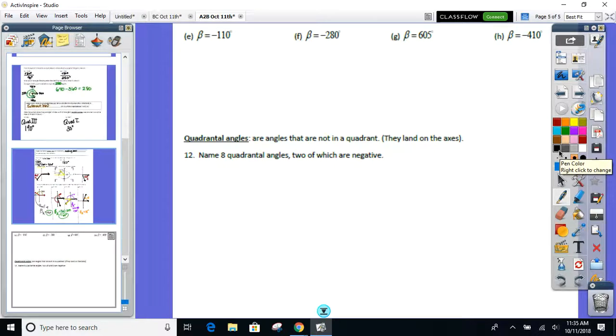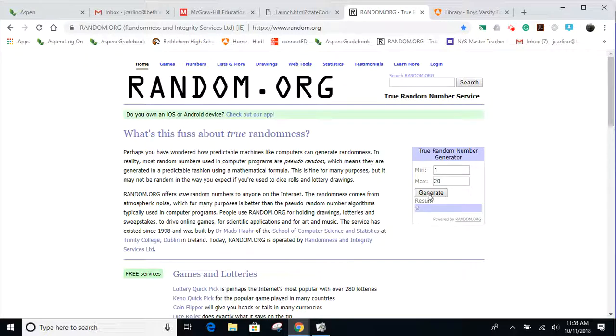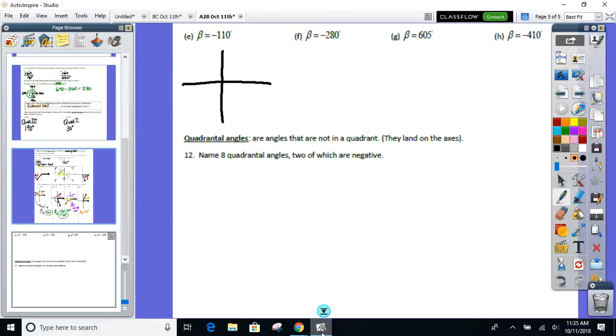So if I have an angle of negative 110, first let's graph it. What quadrant should negative 110 be in? Good catch, because you're going clockwise now. So here was negative 90. Here was negative 180.